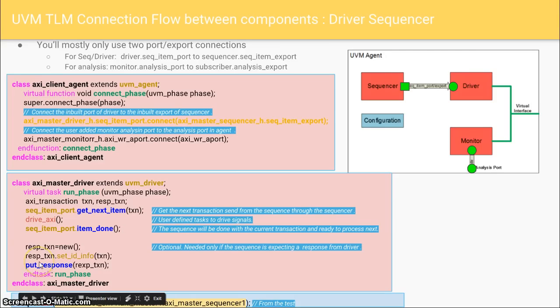And if at all you need to send response transactions back to the sequence, you can use the put_response function to send the transaction back to the sequence item port. To summarize, these are the connections required to complete the flow of a transaction that is generated in the sequence to get it into the actual driver. In the next session, you will see the data flow of monitor transactions from the monitor till the scoreboard or any analyzing component.